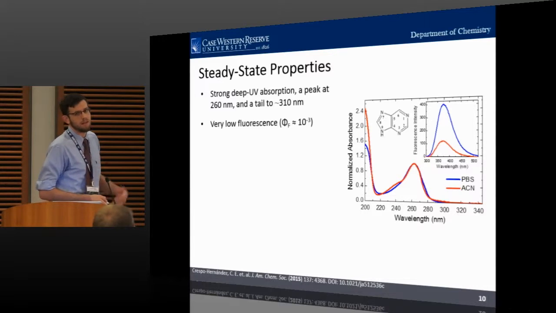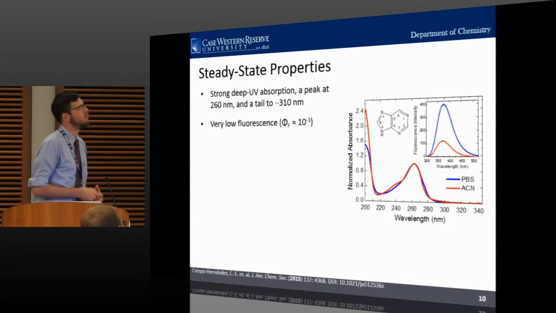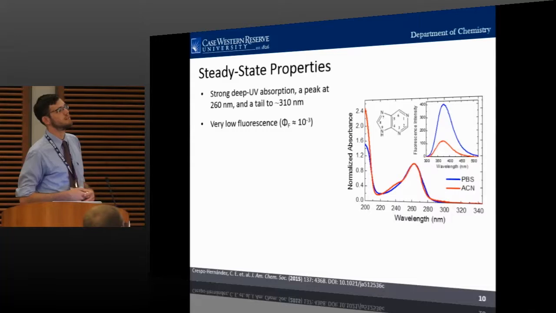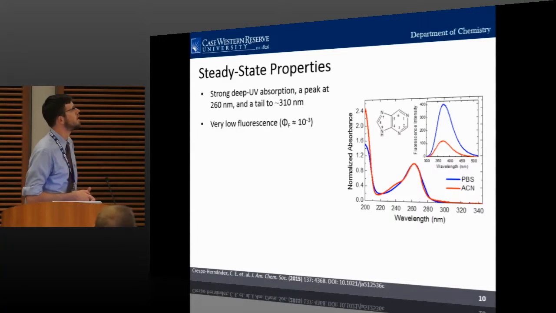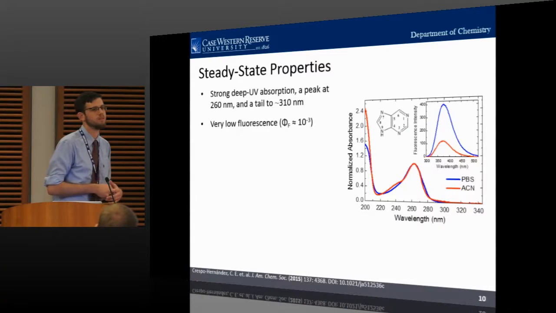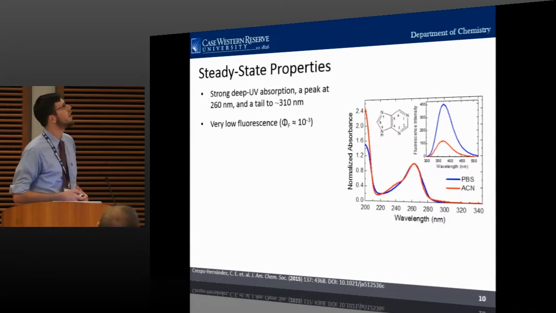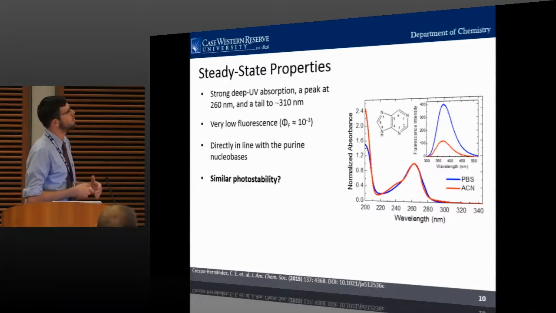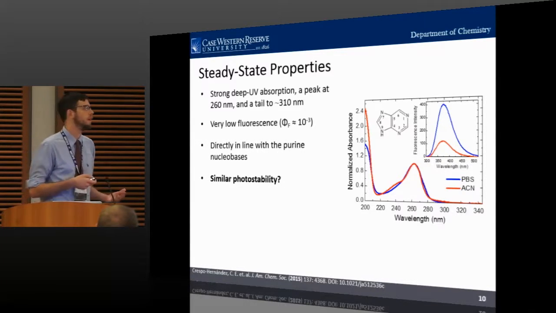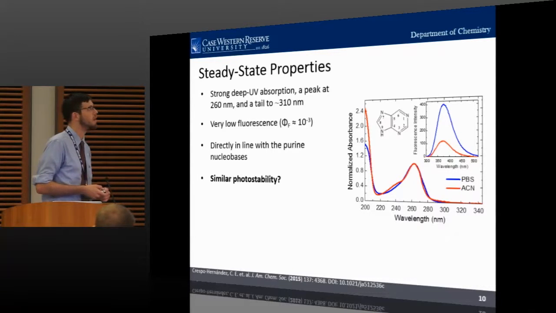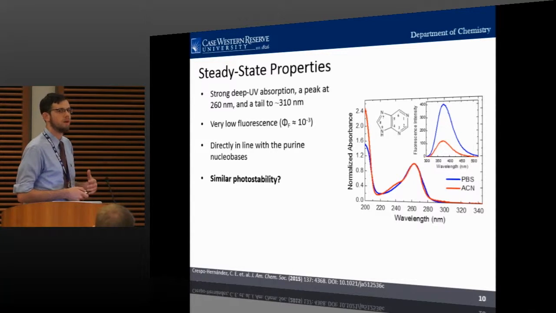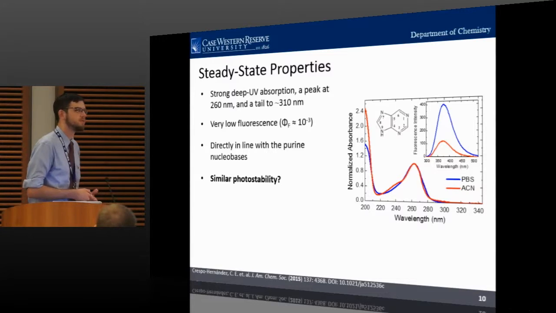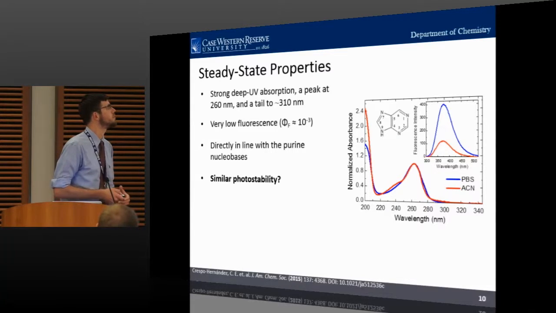Then we looked at its fluorescence, and we see that, like the natural canonical bases, it has very, very low fluorescence quantum yields of 10 to the negative third, so essentially zero fluorescence. This directly matches with the purine derivatives adenine and guanine, but we want to know, does it ultra-fast intersystem cross like those two bases?